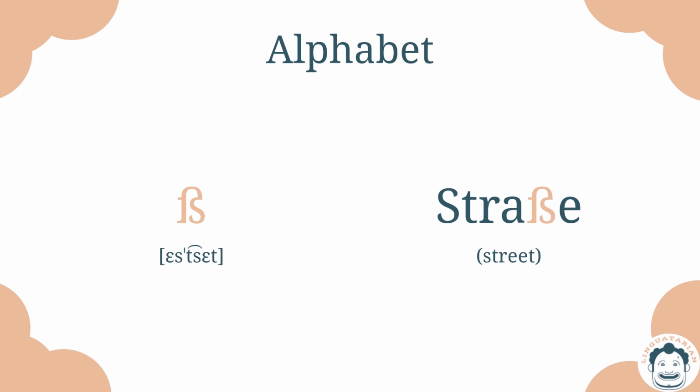It's often written, if you don't have the ligature available to you, as a double S. It's also called the scharfes S, sharp S. You'll never see it at the beginning of a word, and it doesn't have a capital version. The example word given here is Straße.